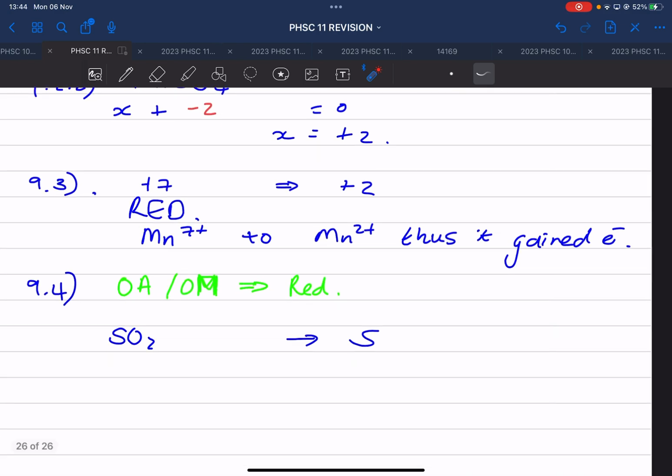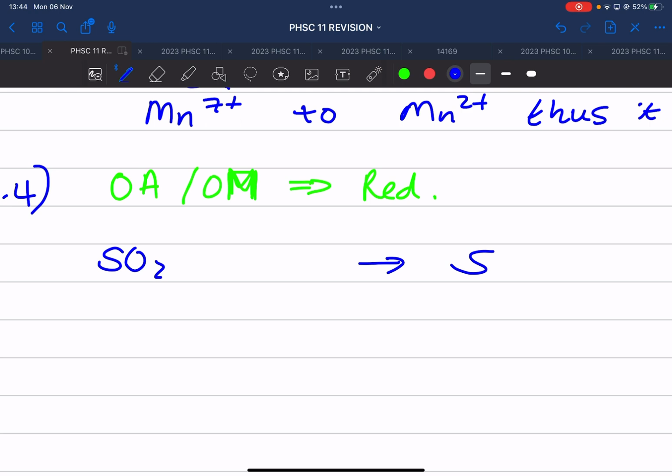What is sulfur's valency here? Don't look on the periodic table, because it is an element that can change. Oxygen is -2 but there's 2 of it so it's -4, so sulfur should be +4. Here on the right hand side it is 0, on its own. So sulfur went from +4 to 0.